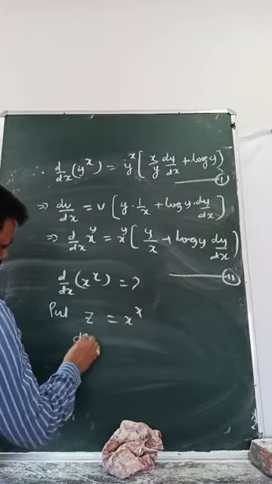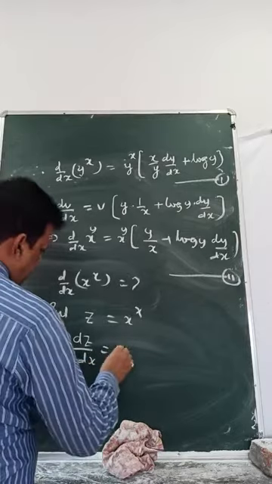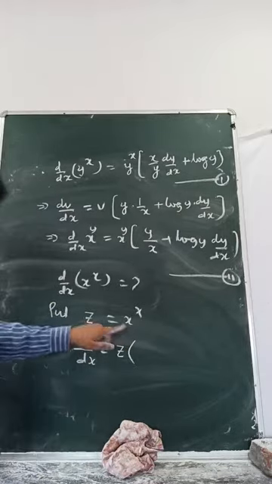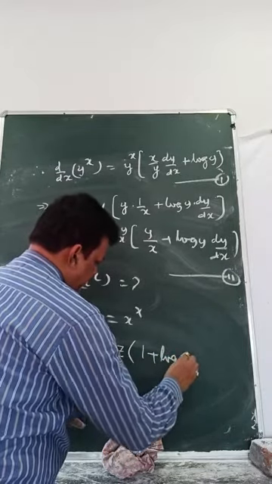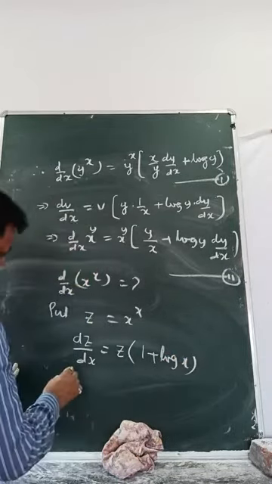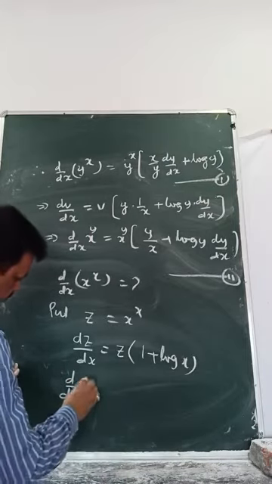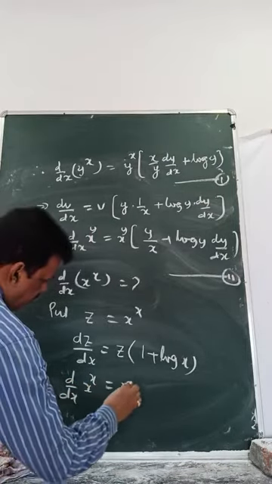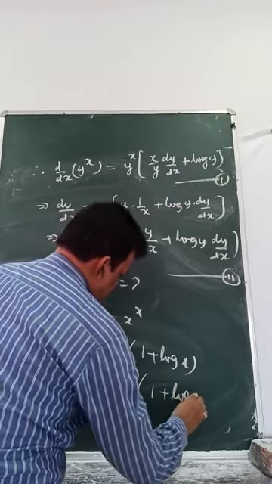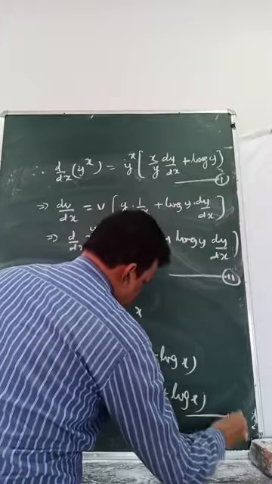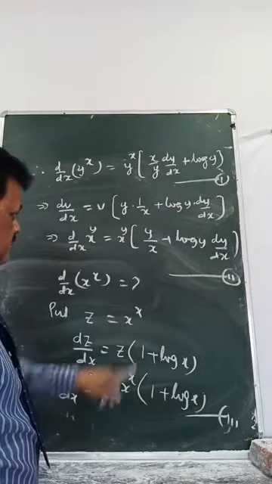So dz by dx, directly I am writing here z into 1 plus log x, because I have done the very first question like this. So d/dx of x to the power x became x to the power x into 1 plus log x. This is third. I did not solve in detail because already I have done this question in the beginning. So 3 parts you got.